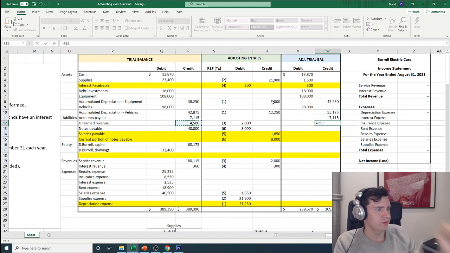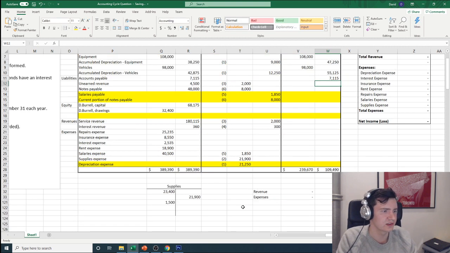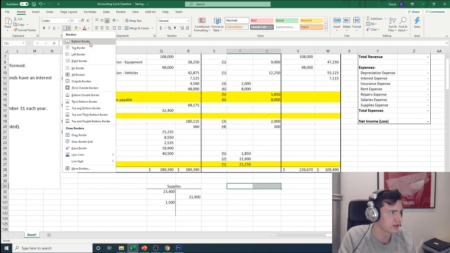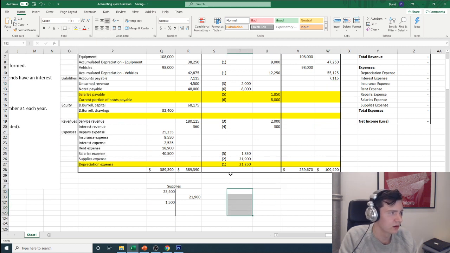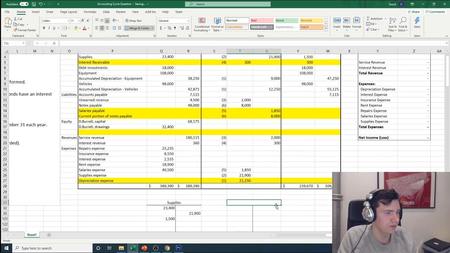Unearned revenue, we're going to take the 4,500 credit balance, and this is another good one where I can just quickly show you. When you're on your exam, you should be creating T accounts, because the T accounts help you figure out what the ending balance is and make sure that you're not messing up with debits and credits.